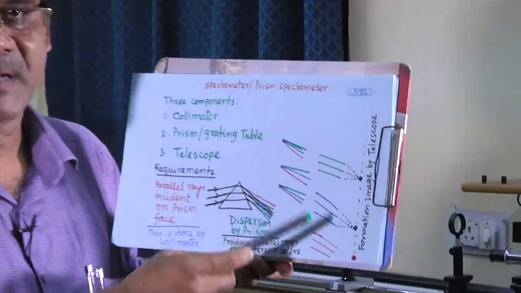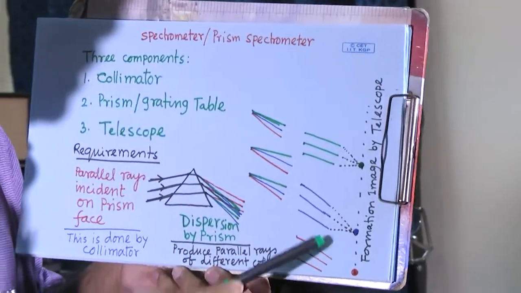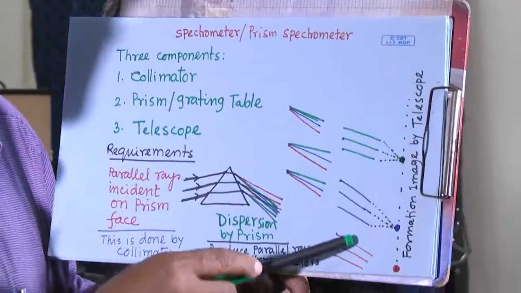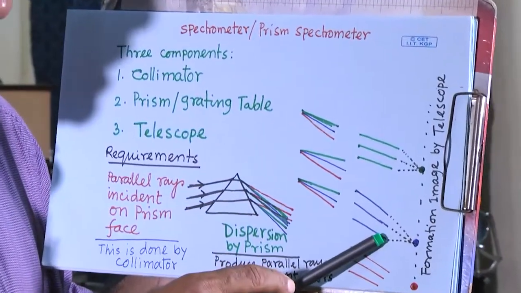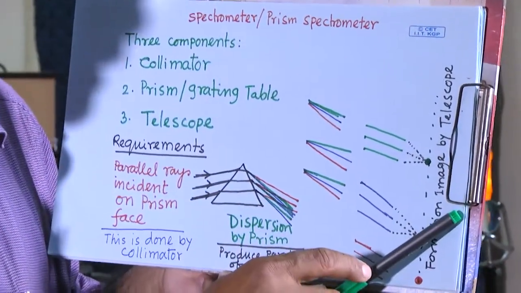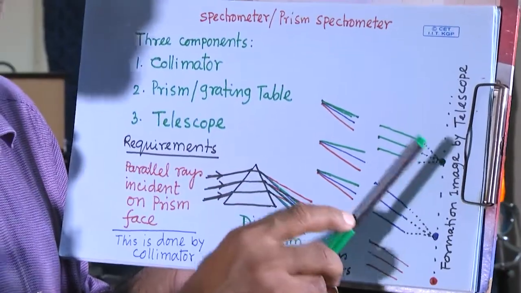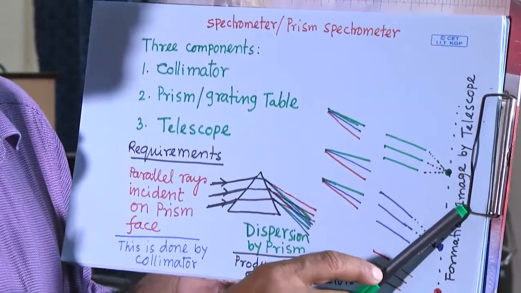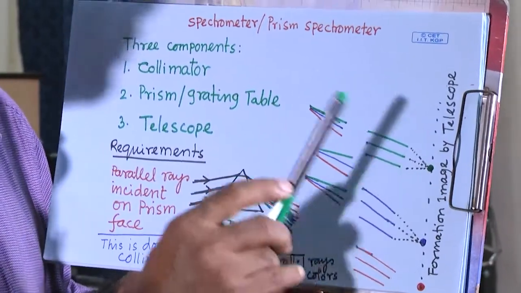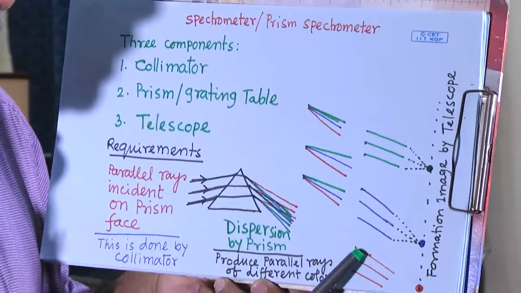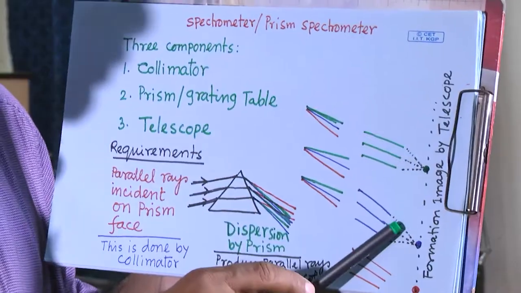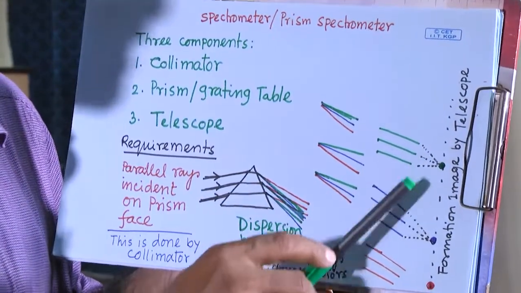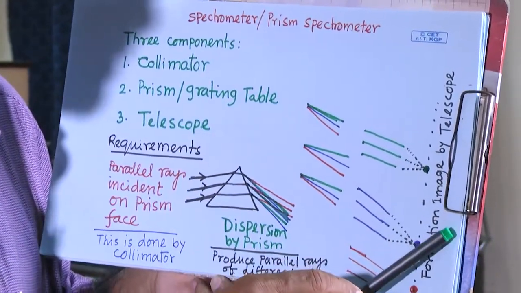The function of the telescope is to converge these parallel rays on a screen, where they form the image, and that image we see through our eye.